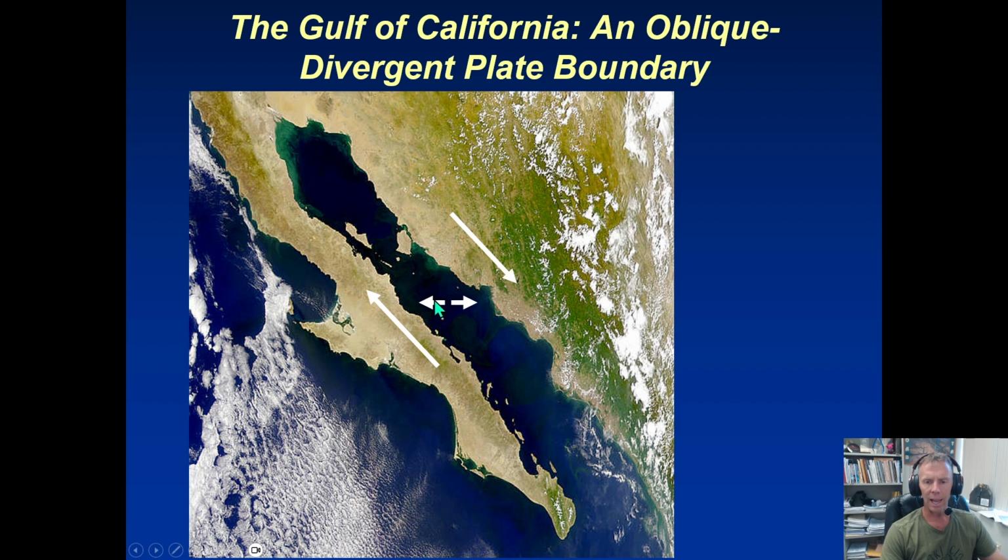And so as this continues into the future, we would expect that the Gulf of California would get longer, it would get wider, and eventually the ocean water here would encroach into western Arizona and southeastern California, that it would extend not just into Mexico, but up into the US as well. And so this is one example of an oblique divergent plate boundary.